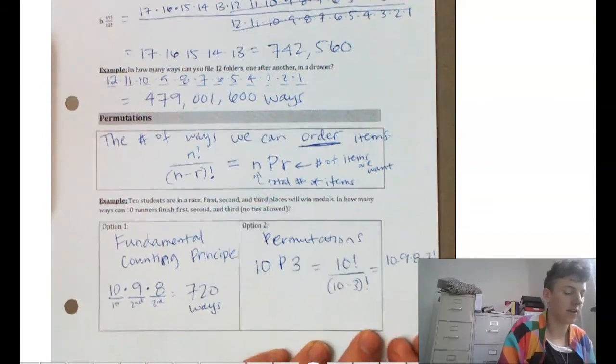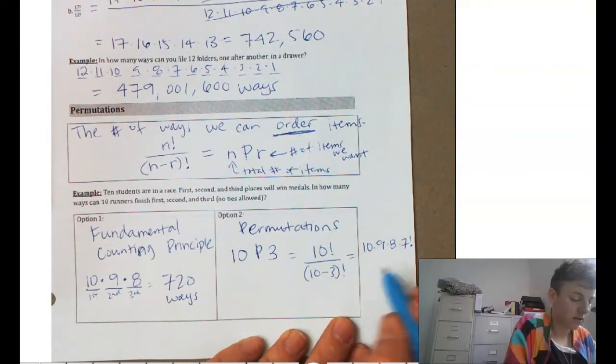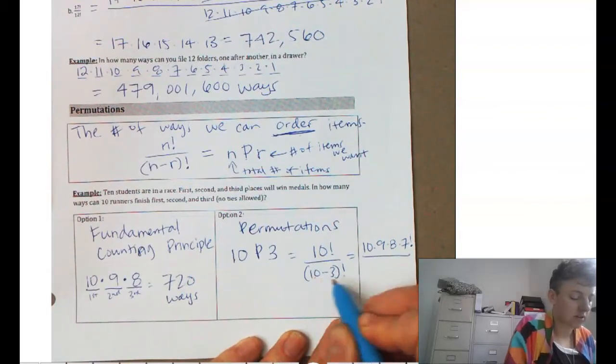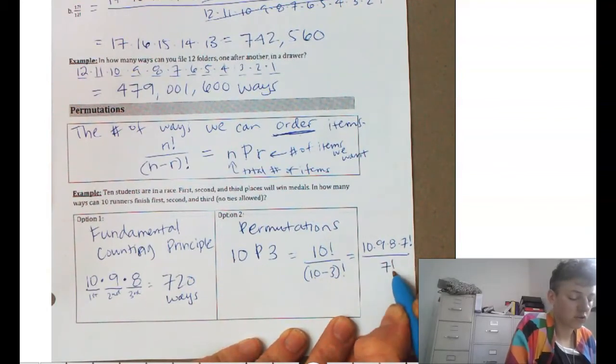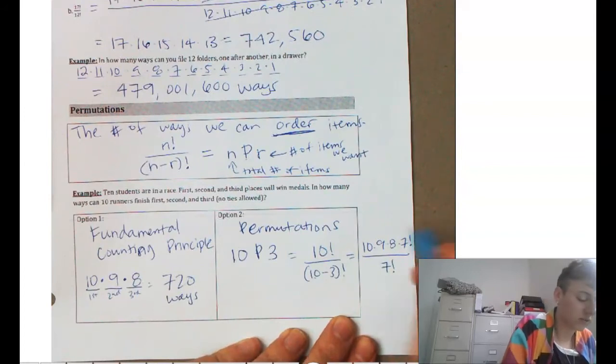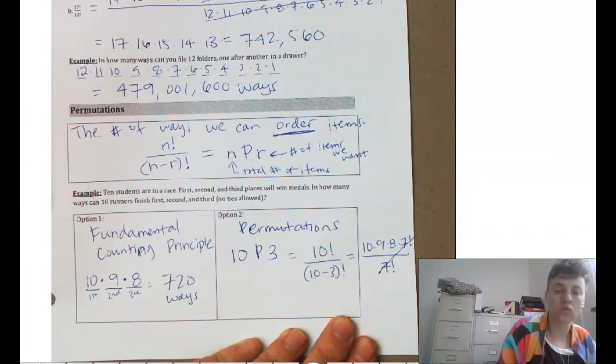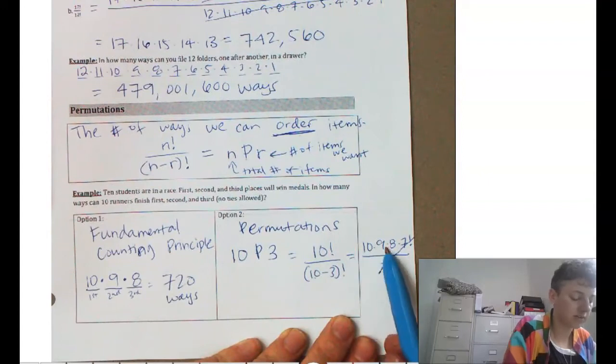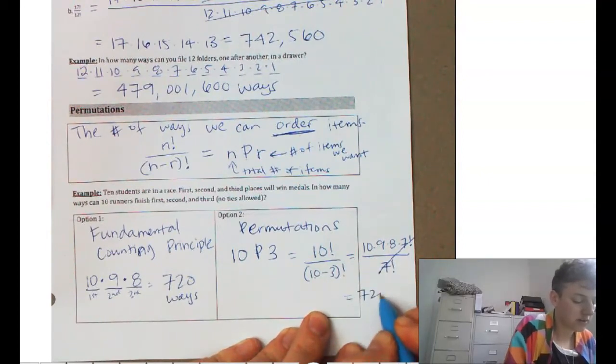I'm going to show you why I wrote it that way in a second. Over 10 minus 3, which is 7 factorial. I did that so these cancel. We got the same thing again. 10 times 9 times 8. Still 720 ways.